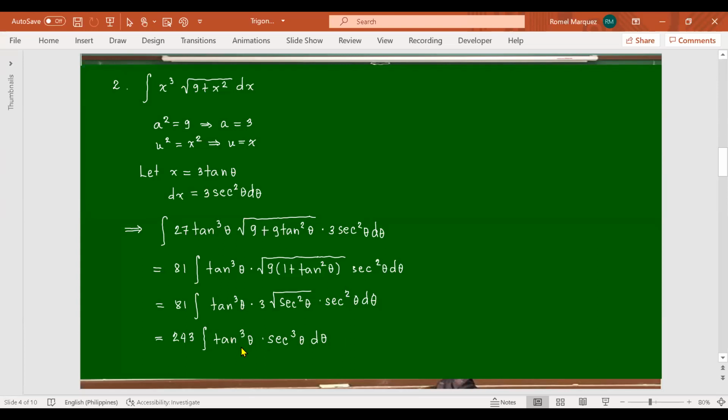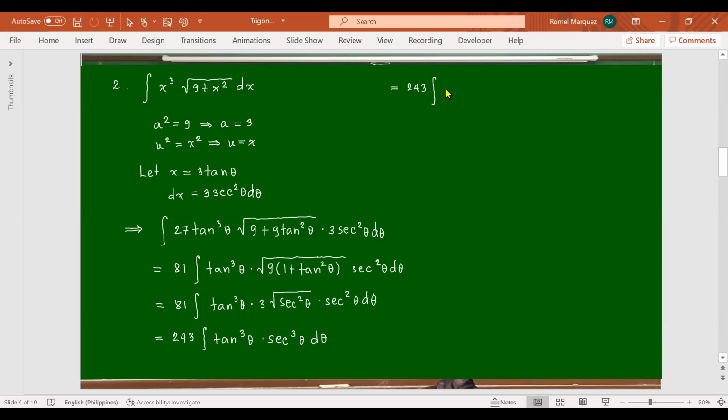So let's get one tangent and one secant from each. So this is equal to 243 integral of, so from here, we're going to segregate one tangent and one secant.